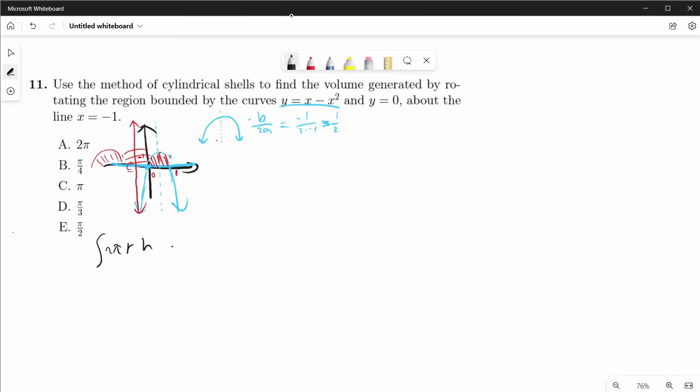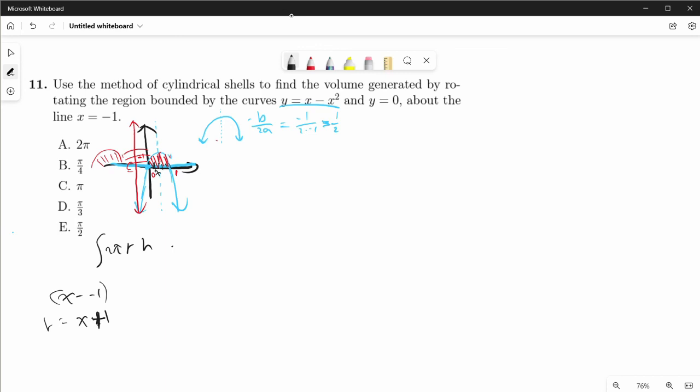If our distance is x on this part, that x has to be calculated to the distance of x equal to negative 1. So we have x minus negative 1 will be the distance away from negative 1. So r will actually be just x plus 1.